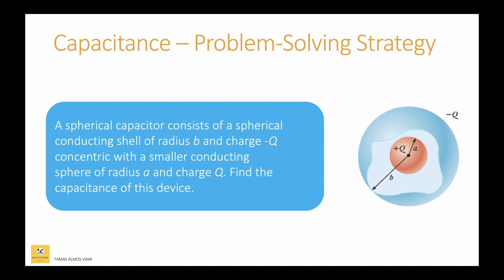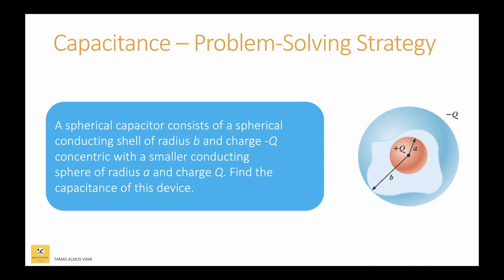Another problem which is very similar, but I'm not really going to go through it, just give you hints. We have a spherical capacitor this time, with a smaller sphere with a radius of A and a bigger shell with a radius of B, plus Q charge in the inner and minus Q charge in the outer sphere.